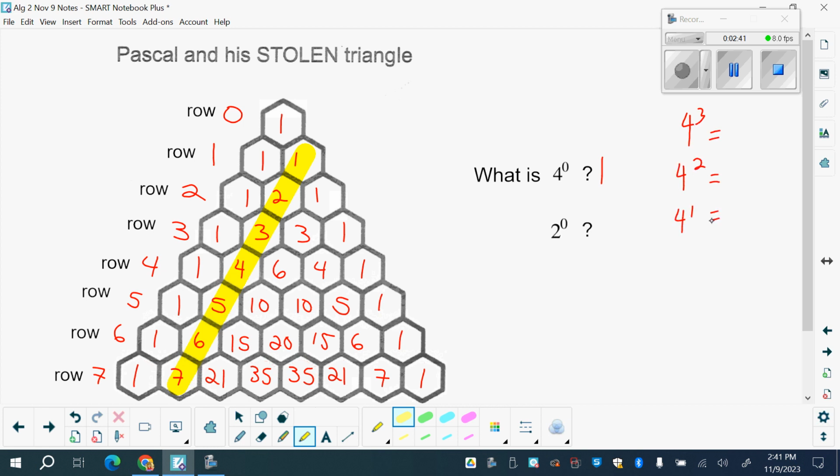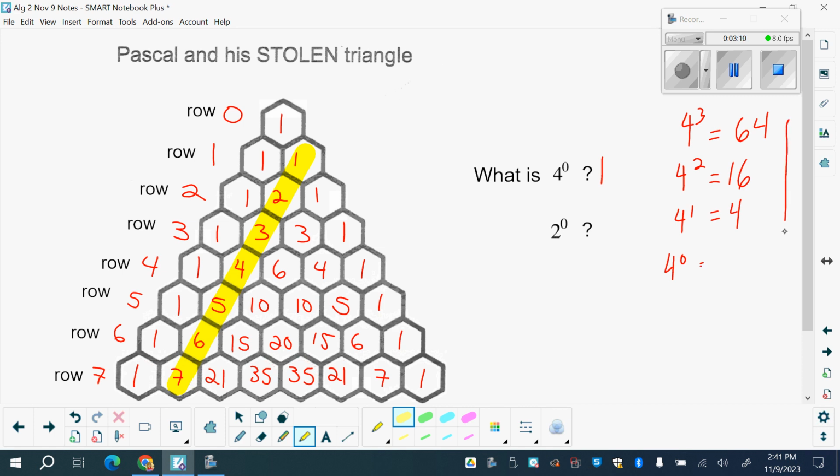What's 4 to the 3rd? Feel free to get a calculator, and you really want to be able to use your exponent keys on the calculator. So ask your group members or ask me if you need some help on that. What is 4 to the 3rd? 64. What is 4 squared? 16. What is 4 to the 1? 4. So what is my pattern here as I go down?